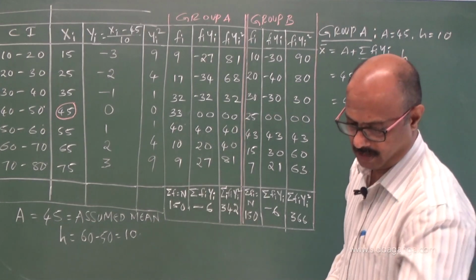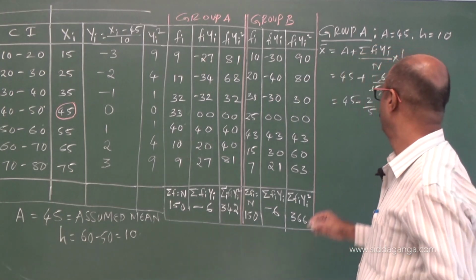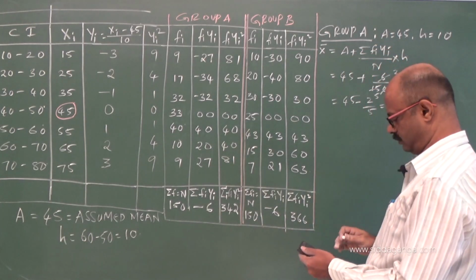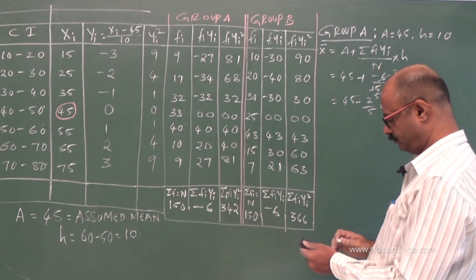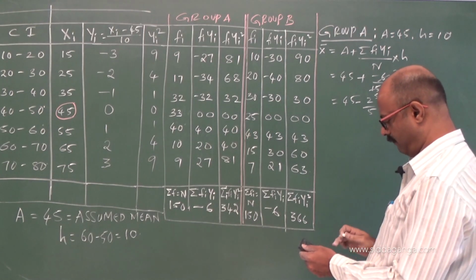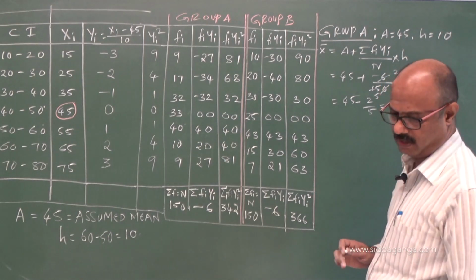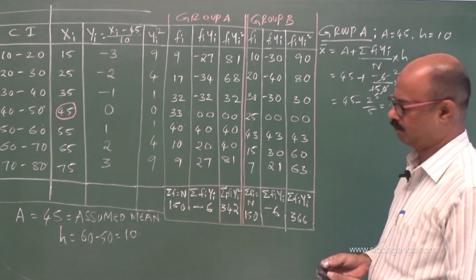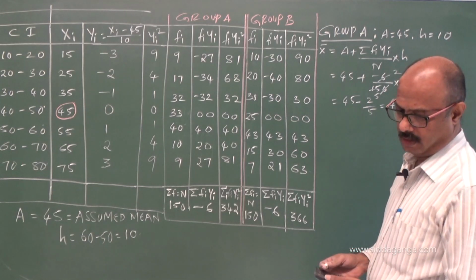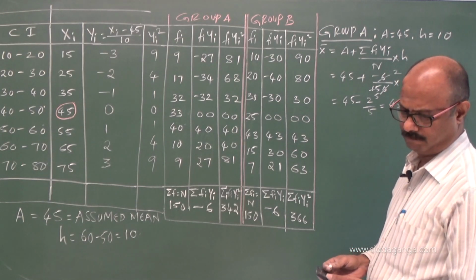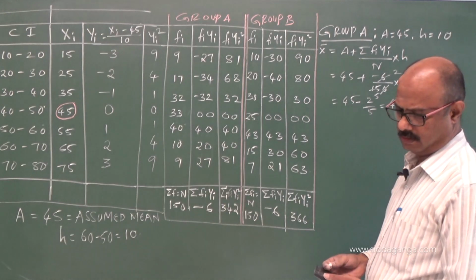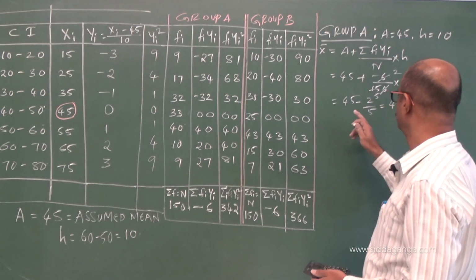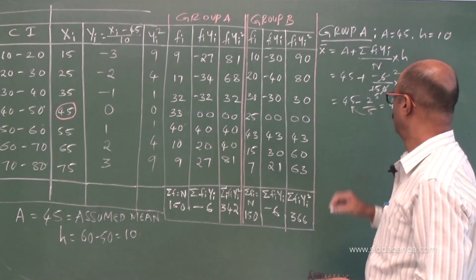So 45 minus 2 by 5, 2 divided by 5 you will get 0.4. Or you can have it like this. You can take the LCM.